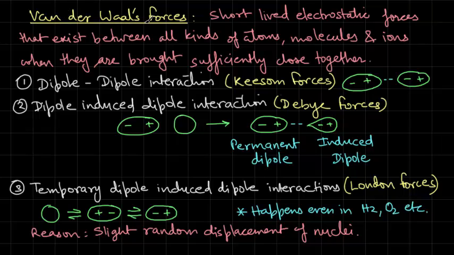Van der Waals forces. These are short-lived electrostatic forces that exist between all kinds of atoms, molecules and ions when they are brought sufficiently close together. For example, if two polar molecules are brought together, they will have some interaction, some attraction between them.